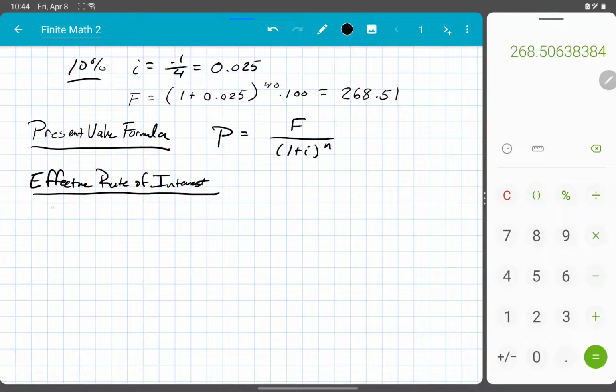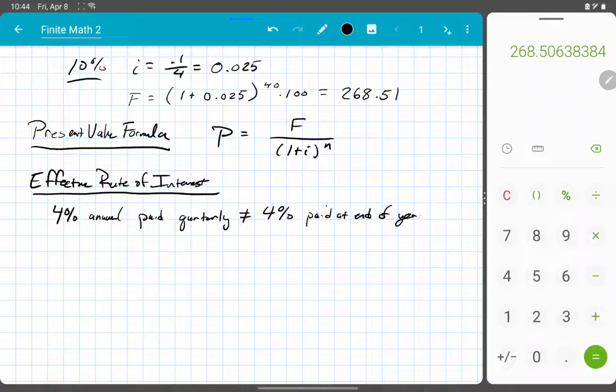Now recall we just showed that 4% annual paid quarterly is not really equal to 4% annual paid at the end of the year. It's a little bit larger than that because you are compounding on the money earned at the quarters.